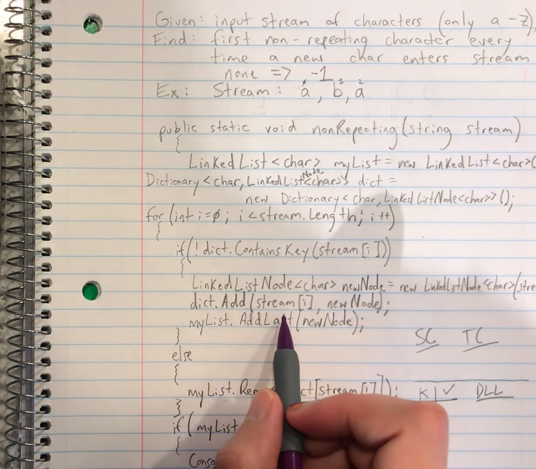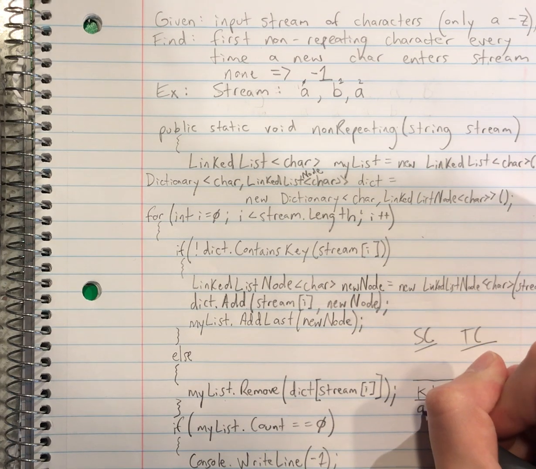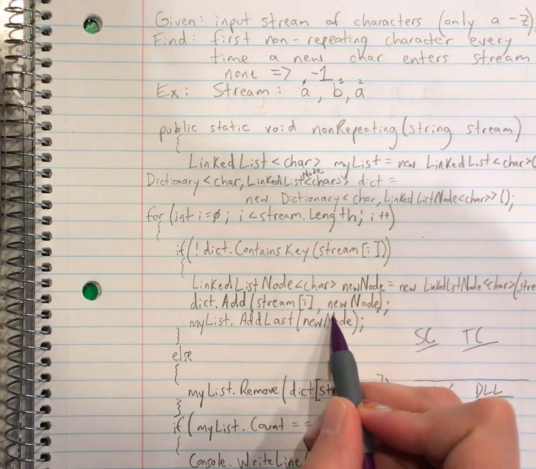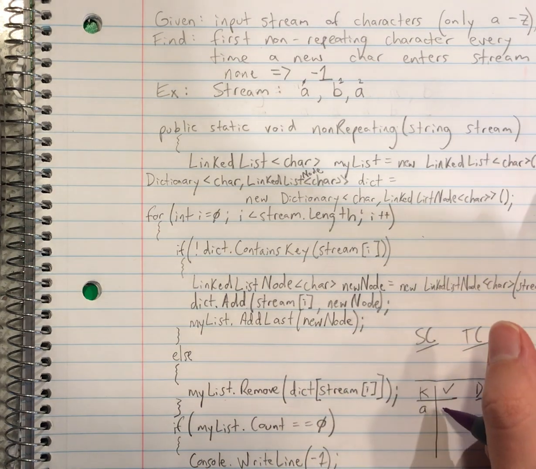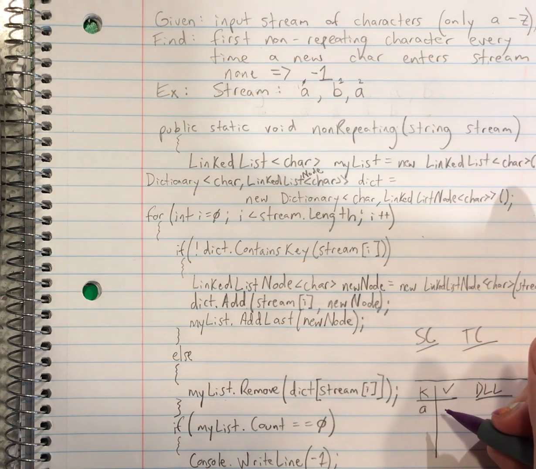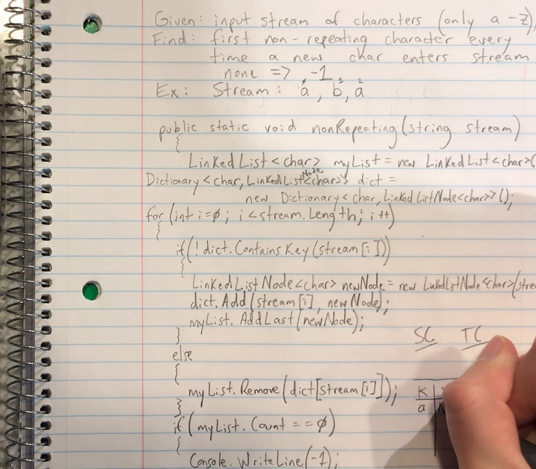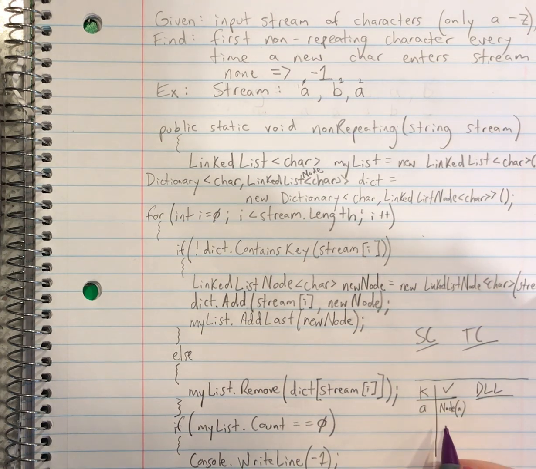Okay, then we add it to the dictionary. So here's A, and I'll denote this. This is storing the location in memory of the new node, but I don't know the actual space that the machine is allocating for that, so I'm just going to put node of A here for the value.